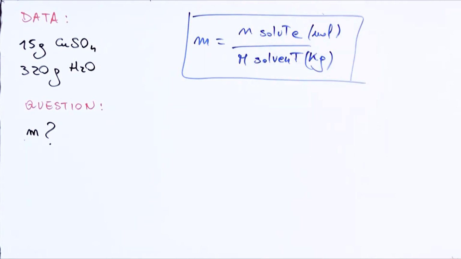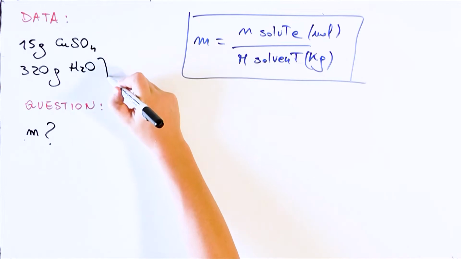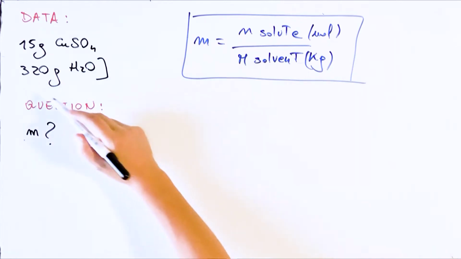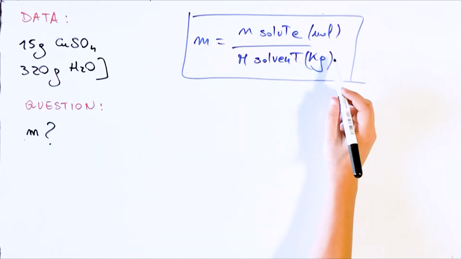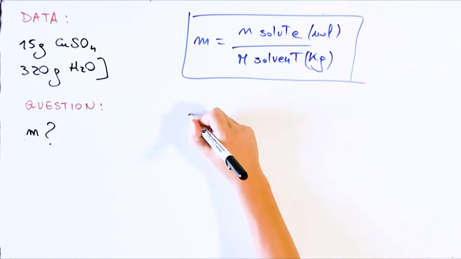Always write your definition, because this will help you to solve the problem. So what we have and what we do not have: we have the mass of solvent, it's here. However, you have to remember that we have to convert this into kilos.